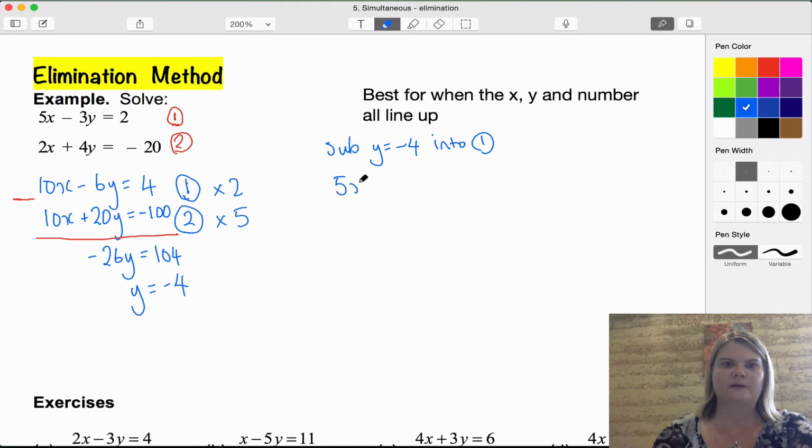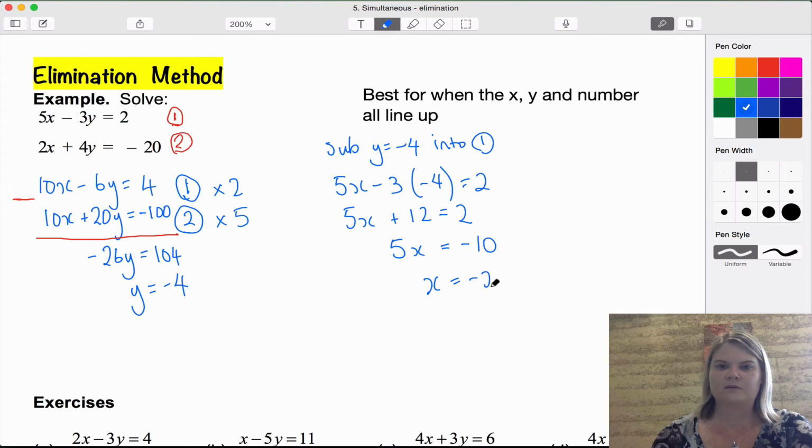So we go 5x minus 3 times negative 4 equals 2. Just copying this one out with a negative 4 in there. 5x plus 12 equals 2. 5x equals 2 take away 12, which is negative 10.